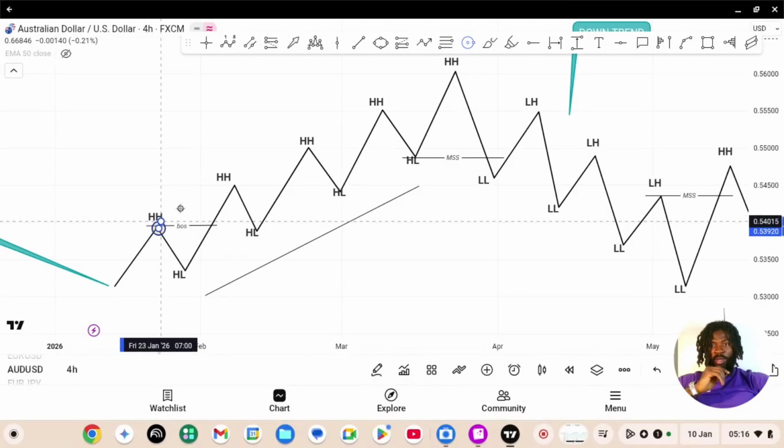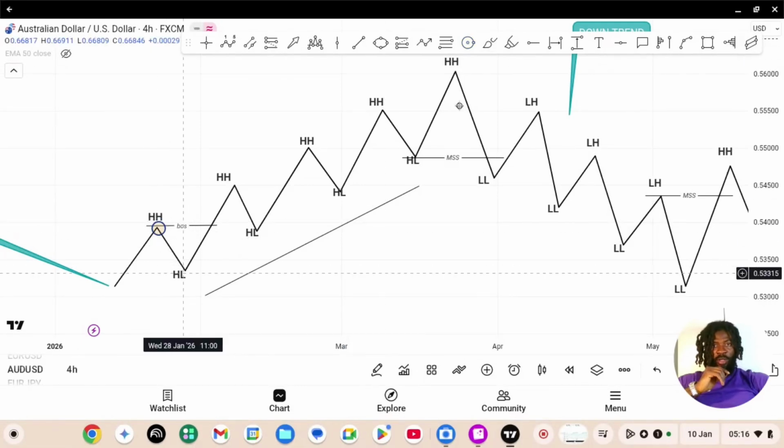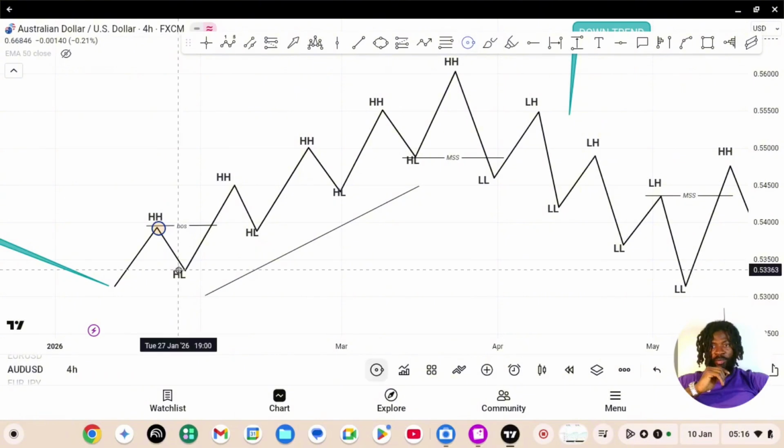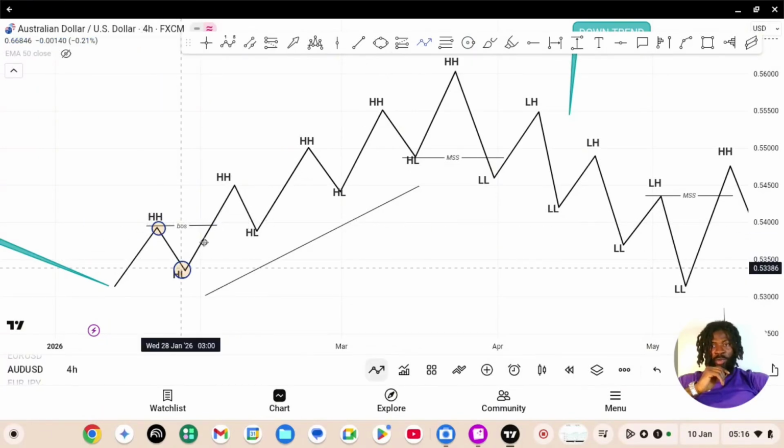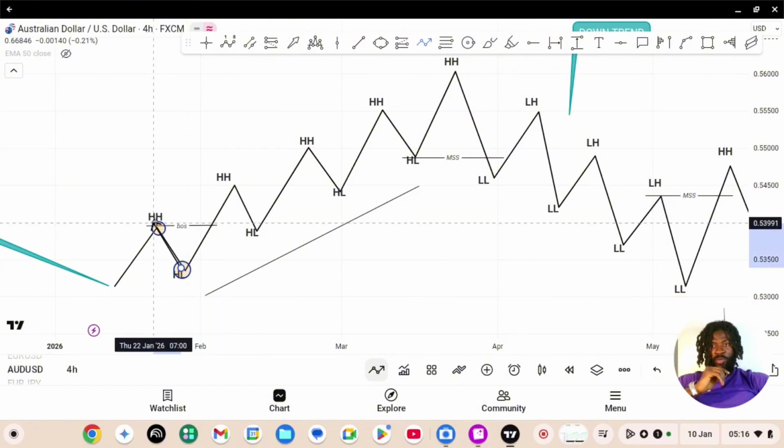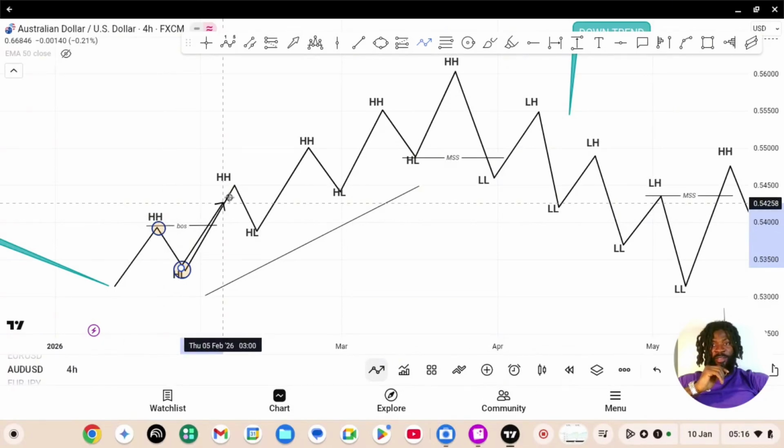We have a higher high here, and we created a low here. So how do you know it's an uptrend? We have a break of structure. This move gives us a break of structure by breaking the previous high, which is the higher high. That is the first sign of an uptrend.